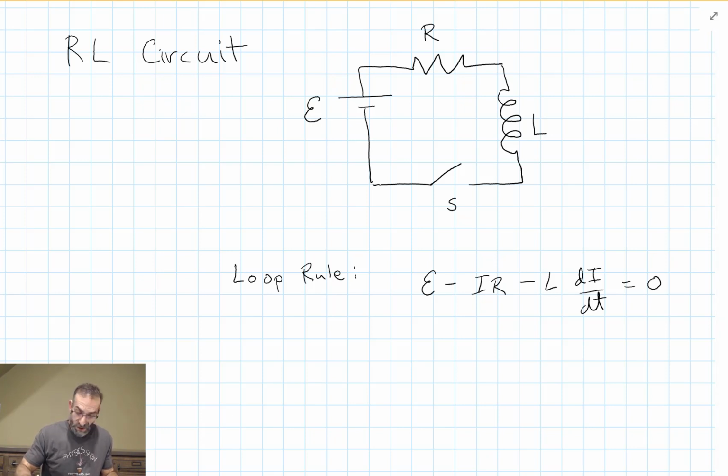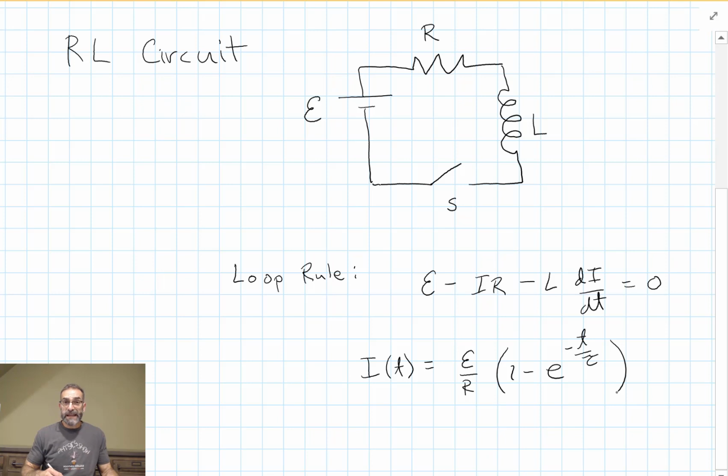When we solve this for I, we get the current as a function of time is the maximum current times 1 minus e to the minus t over tau, where tau is the time constant of this circuit.